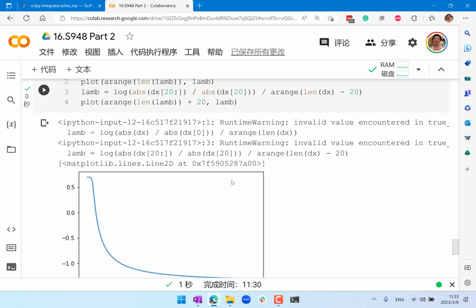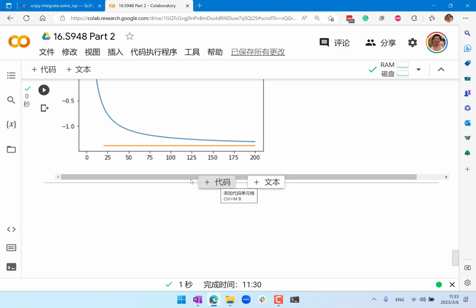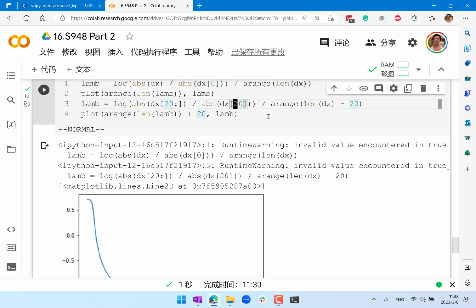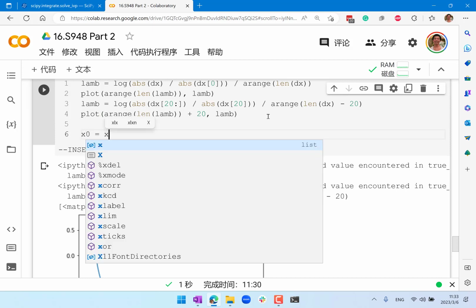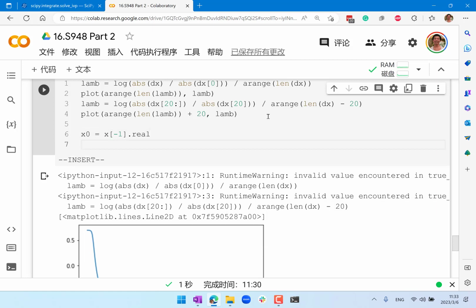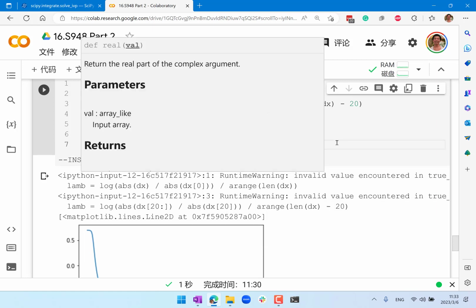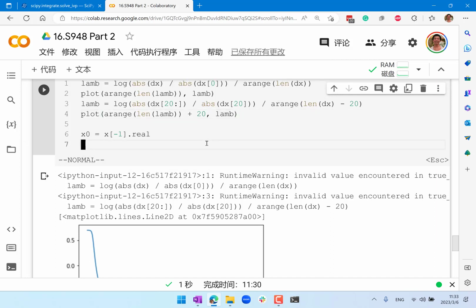Okay, so let me actually plot it over here. If we take x0 is equal to x minus 1 dot real, and the phi prime is equal to 2 divided by (1 plus x0 squared) to the power of 1.5, okay?